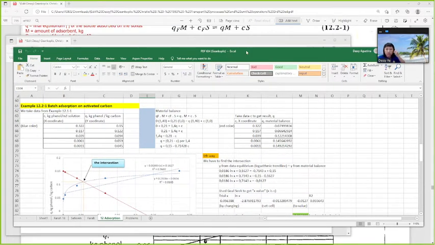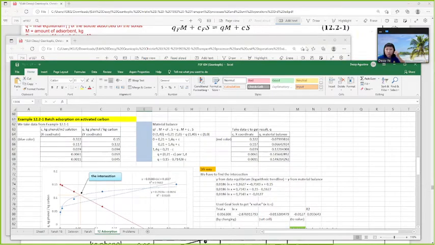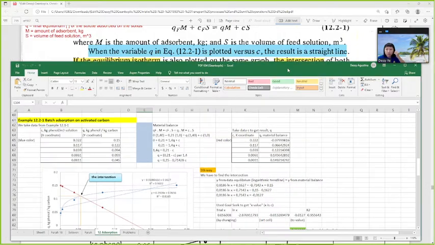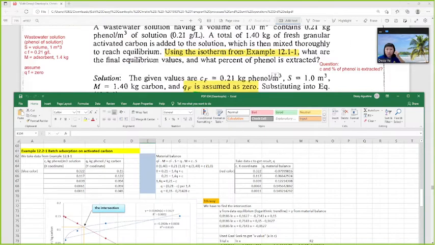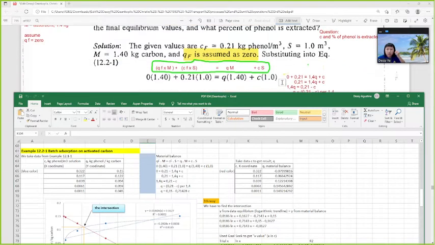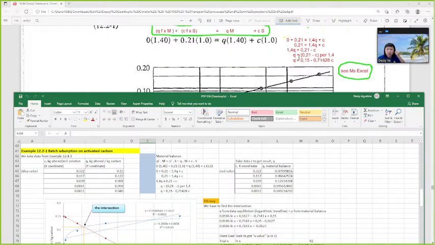This is the final equation from the material balance. We have to put in the equilibrium data from example 12.11.